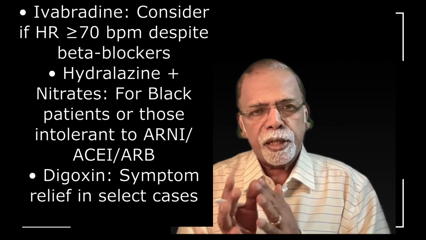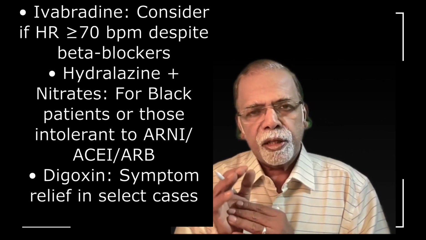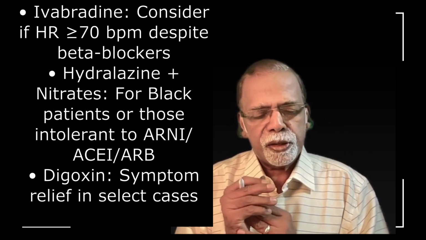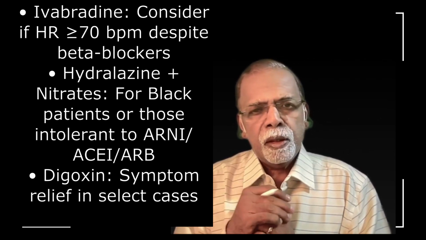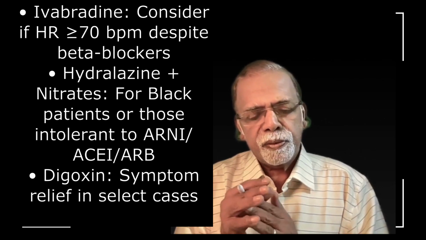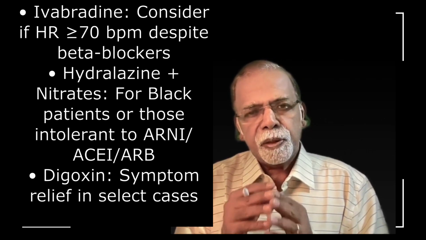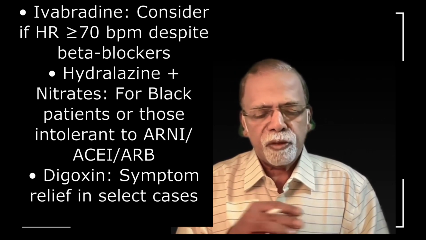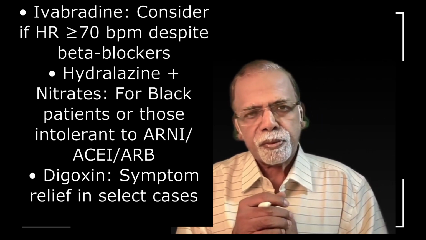So hydralazine plus nitrates are given when the patient cannot tolerate the RAS blockers. As mentioned last time, digoxin can be given for symptom relief in selected cases, especially when the patient has atrial fibrillation with a fast ventricular response.